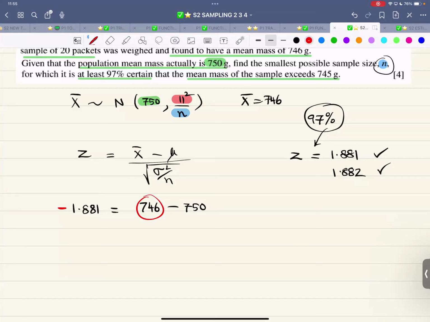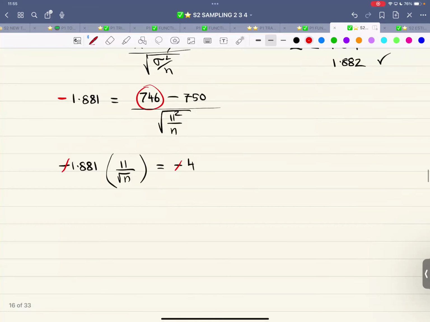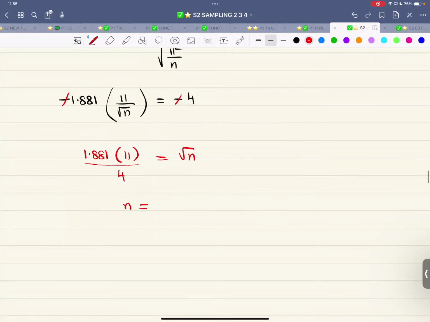When the z value is negative, that means x bar is lesser than mu, and then we will divide by square root of 11 square over n. Let's simplify it a bit more. 1.881 into 11 divided by root n. I've cross multiplied. That is 746 minus 750, which comes out to be -4. The negative cancels out. And then we have 1.881 into 11 divided by 4 is equal to square root of n, and hence you will find the value of it.